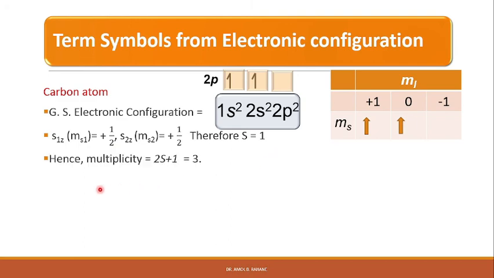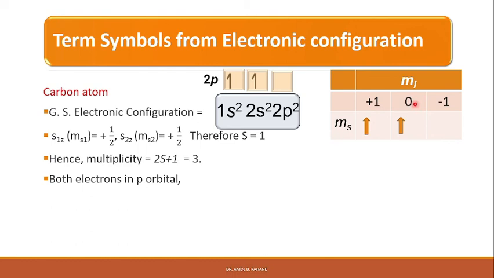Again both electrons are in the p orbital. So for p orbital we have L is equal to 1, and ml or Lz values are plus 1, 0 and minus 1. We put the first electron in the maximum ml value, that is plus 1. Second electron will go into ml is equal to 0.